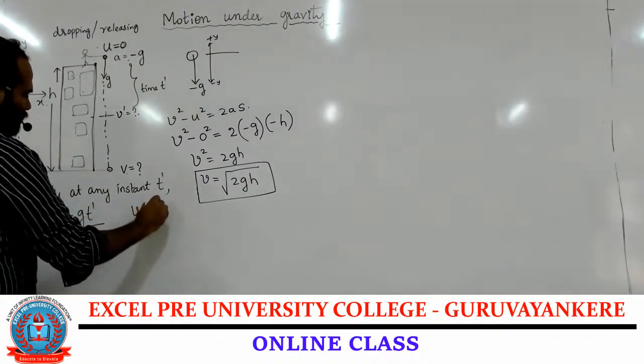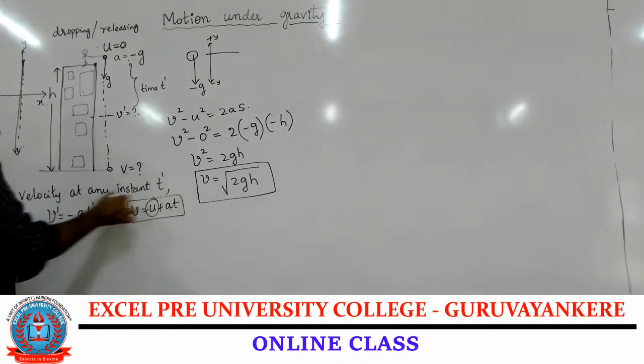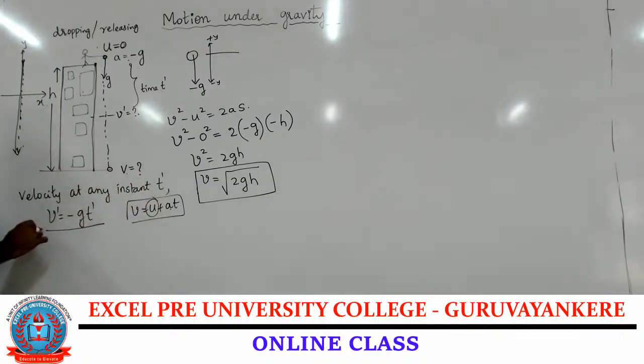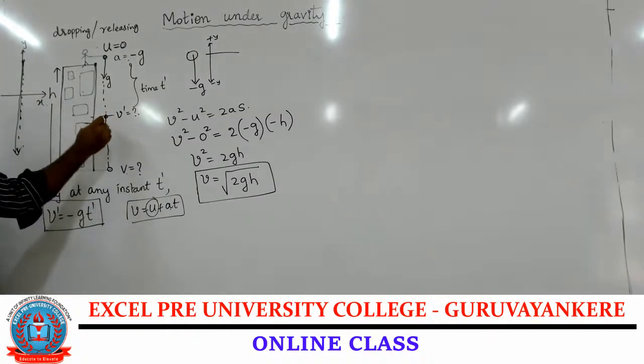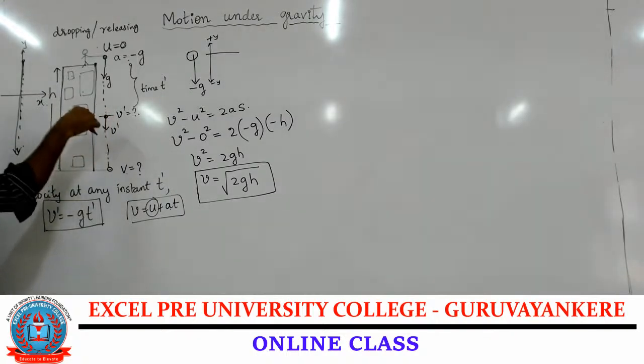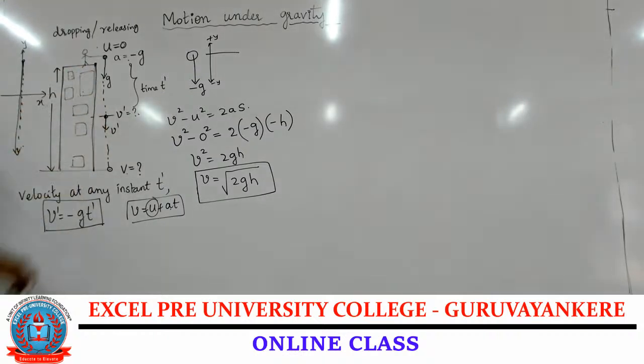Using v equal to u plus at, where u is 0, a is minus g, t is t dash. Velocity becomes minus g t dash, where the negative sign indicates the velocity is vertically downwards.